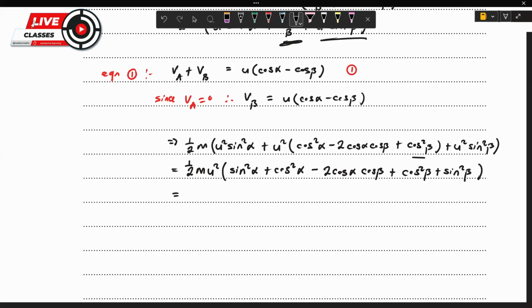So that's half mu squared of, now this gives us 1 and this gives us 1. So 1 plus 1 is 2. So it's 2 minus 2 cos alpha cos beta that we will be having.